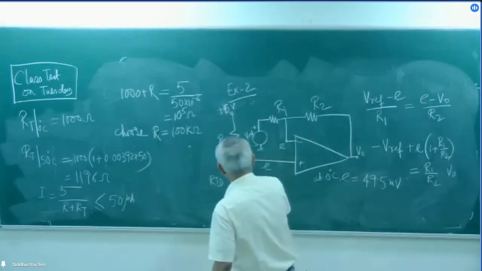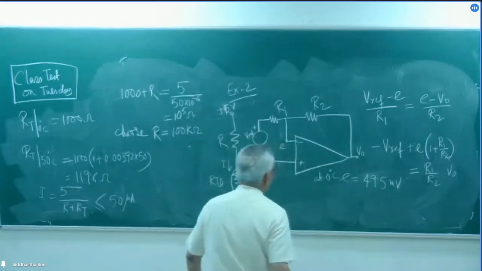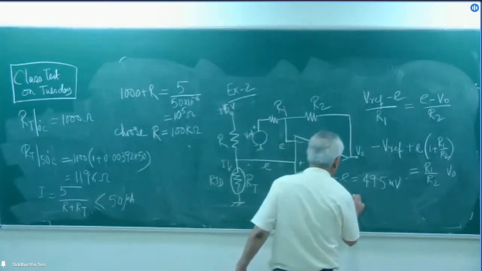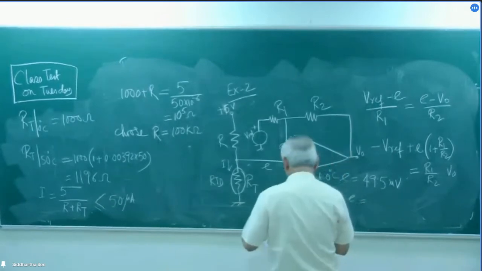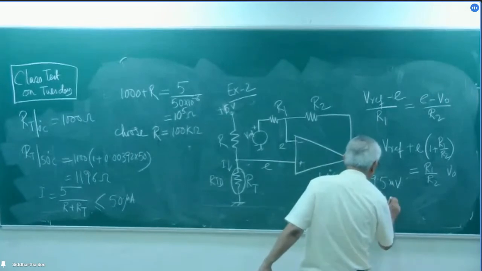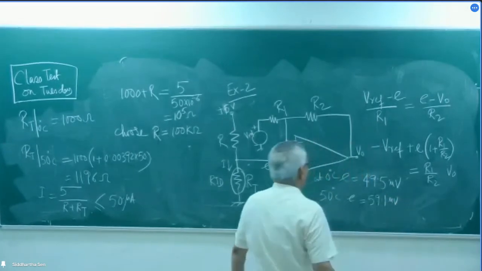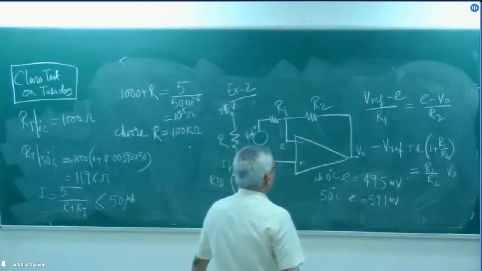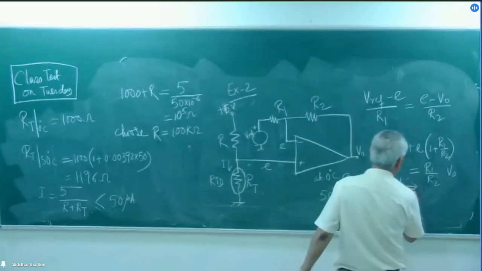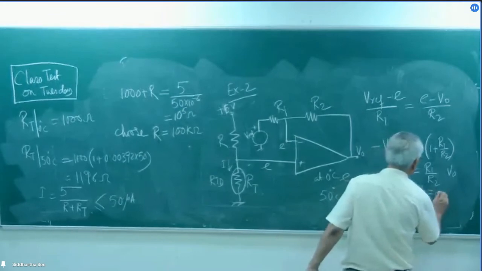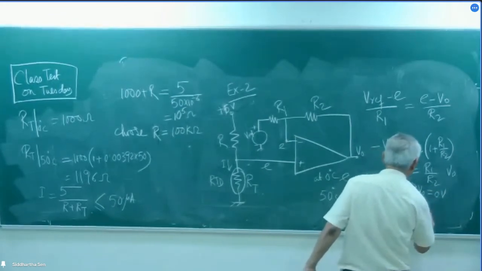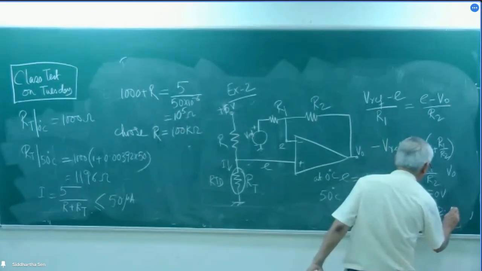At 50 degrees Celsius, E comes to be 59.1 millivolt. And what we require is that correspondingly V0 is equal to 0 volt, and V0 is equal to 2.0.